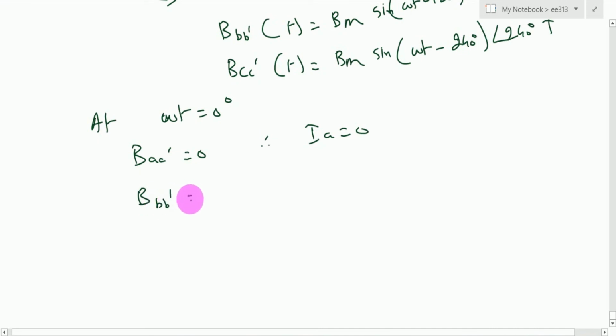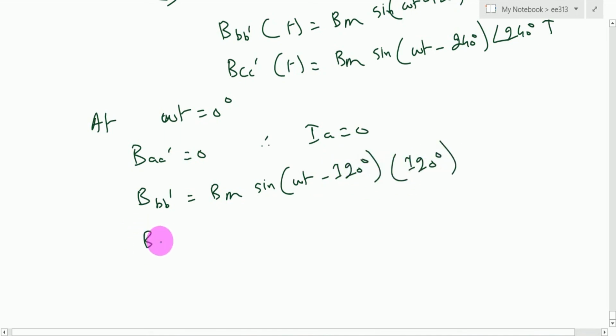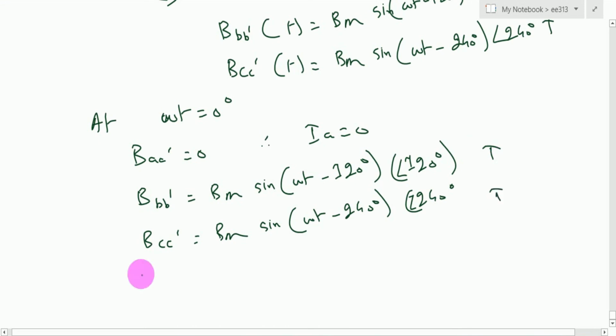But for the phase B, it is Bm sine omega t minus 120 degree at an angle of 120 degree, and this BCC dash is equal to Bm sine omega t minus 240 degree at an angle of 240 degree, and both are in Tesla.